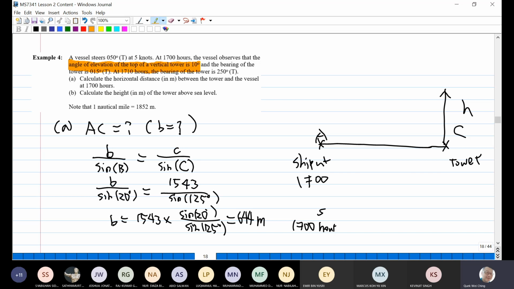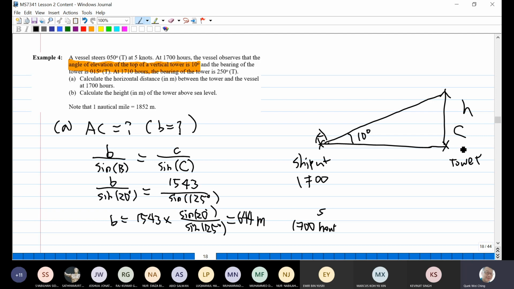So the tower has a height there, and the angle of elevation means this angle from the ship at 5 o'clock there. This angle of elevation is 10 degrees. And we find that the distance B, this is AC here.